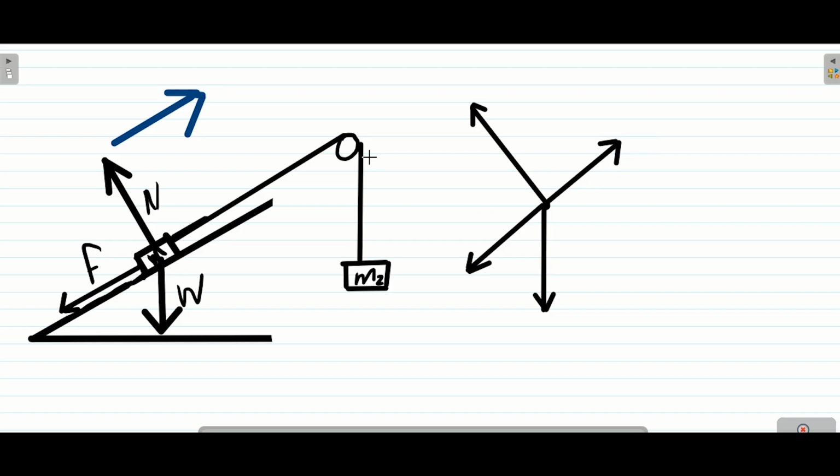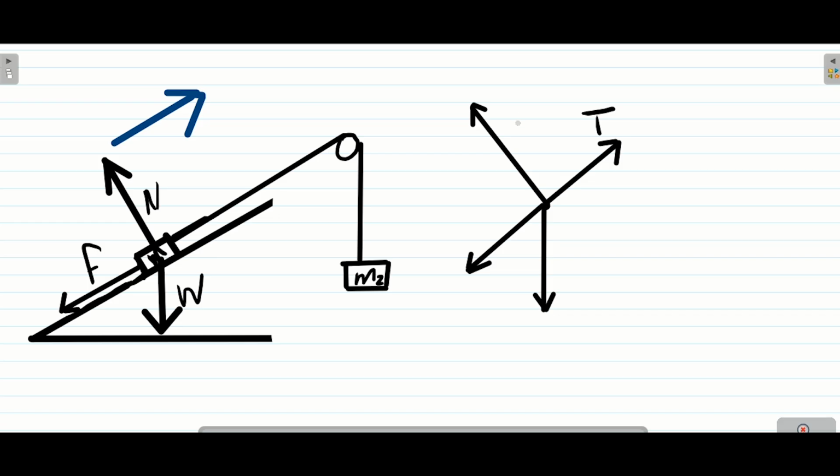That force is caused by this attachment on the string. That force is usually denoted by T. T represents tension. So whenever the string is involved, there is tension on that string. And that tension is simply the force that is exerted by the string on the object.